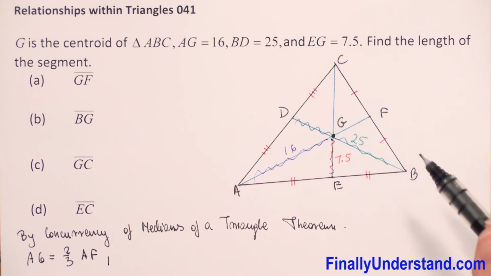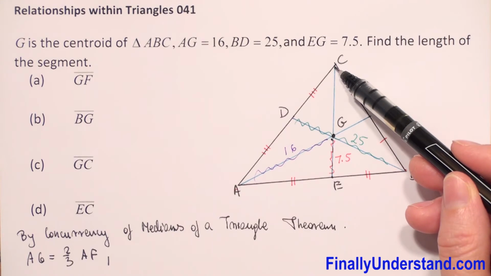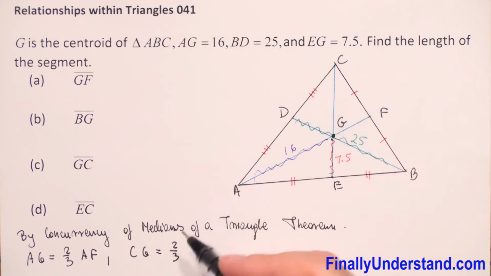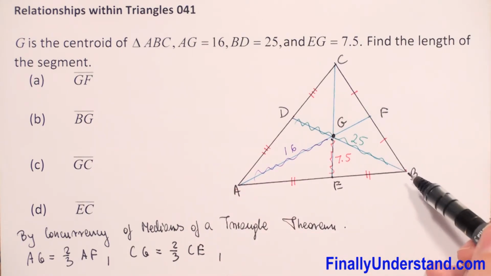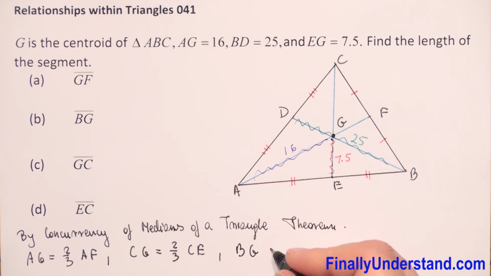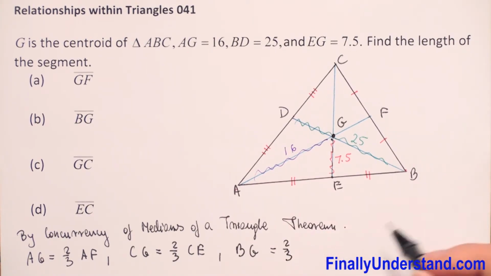What else we have from this theorem? Next, CG is equal to 2/3 of CE. And BG is equal to 2/3 of BD.